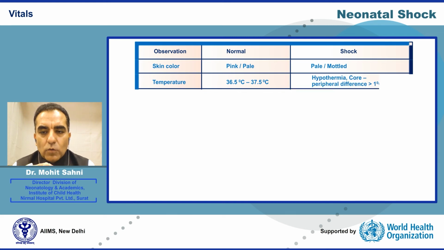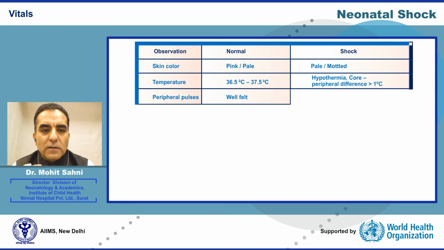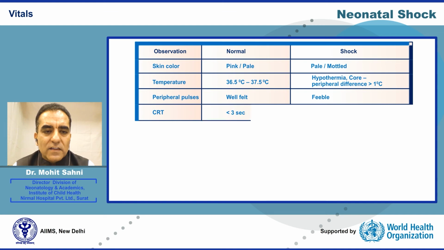These babies may be cold, or there will be a core-to-peripheral temperature difference of more than 1 degree Celsius. Pulses are well felt and equal in upper and lower limbs in normal babies, but they are feeble in shock. If there is a duct-dependent lesion, there will be a difference between upper limb and lower limb pulses. Capillary refill time in a normal baby is less than or equal to 3 seconds; in babies presenting with any kind of shock, it may be prolonged to more than 4 seconds.